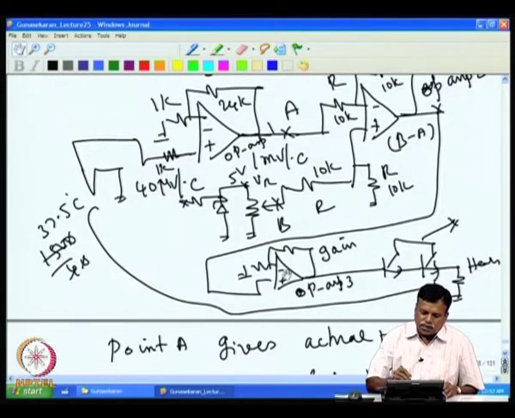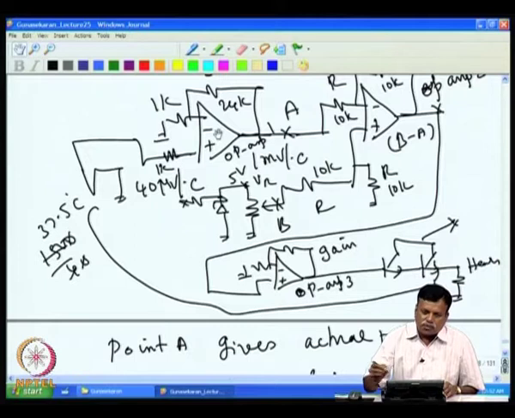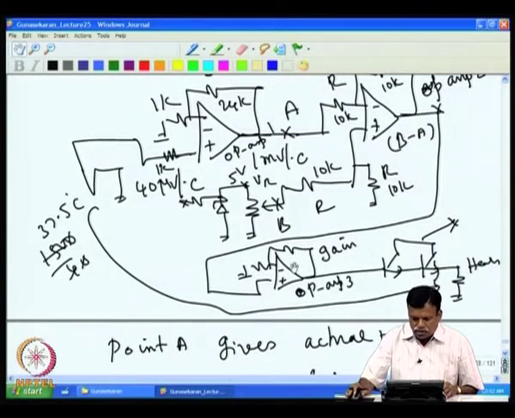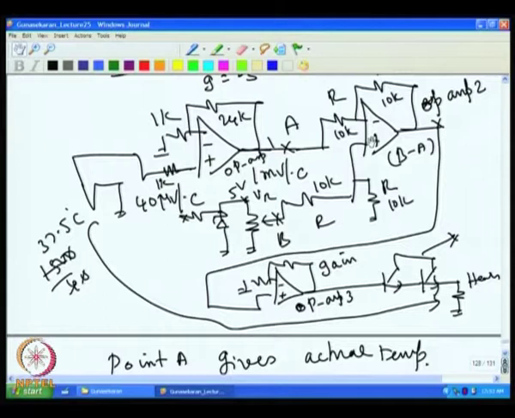But if the error needs to be kept very low, then one option is to go for say 50 gain. For example, if I use a 50 gain here and if I use a low offset voltage, then this stage and this stage error will be small. Of course, keeping this resistance small helps a lot in reducing the offset voltage drift.